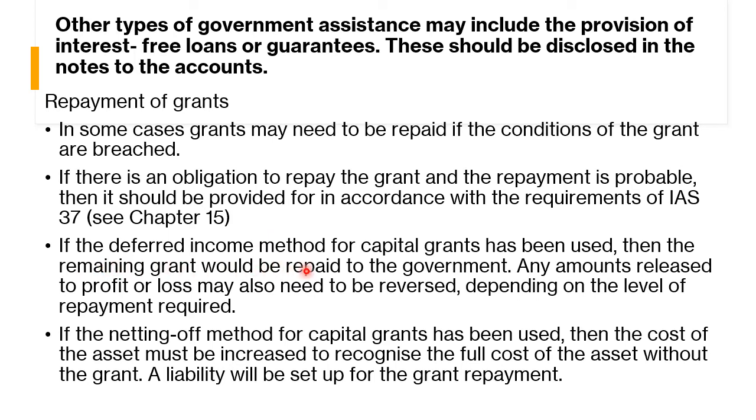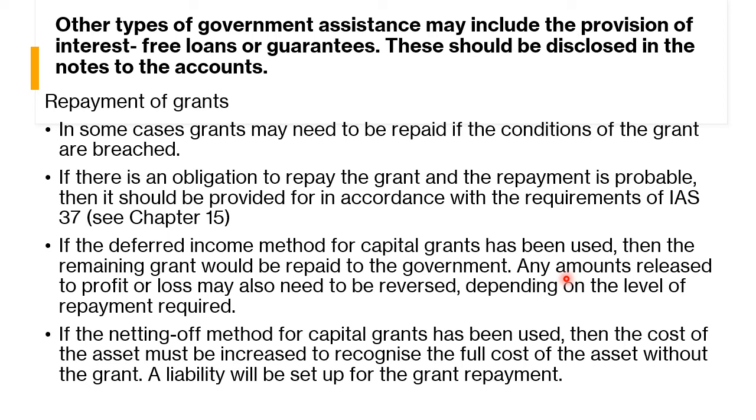If the deferred income method for capital grant has been used, we recognize the asset with full price. Then the remaining grant would be repaid to the government. Remaining grant means the grant that is not yet apportioned or is not yet transferred to the profit and loss account.